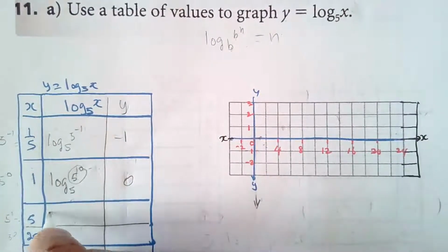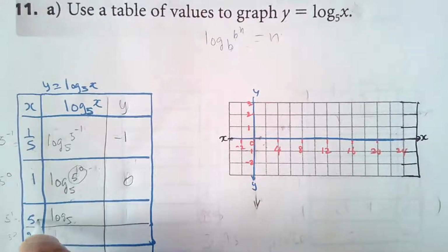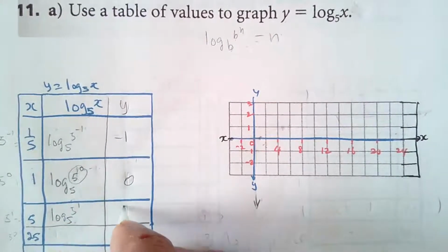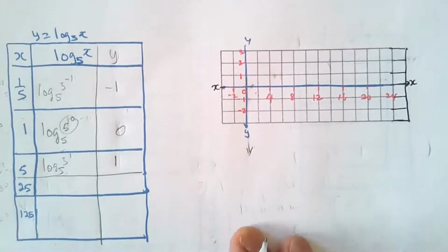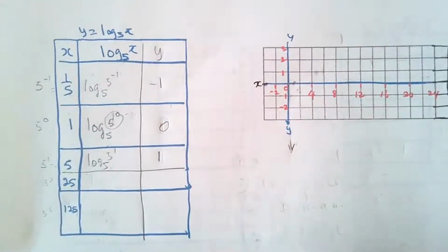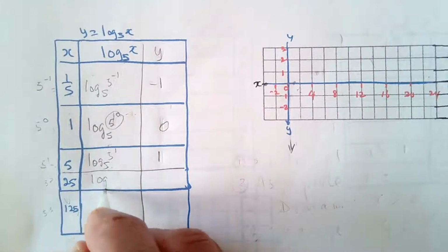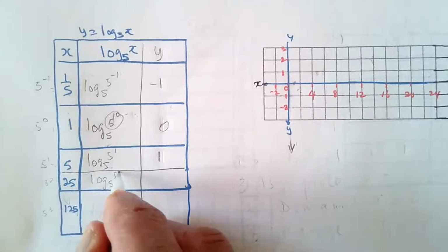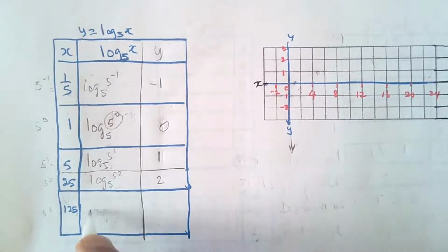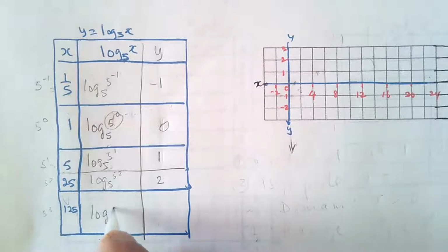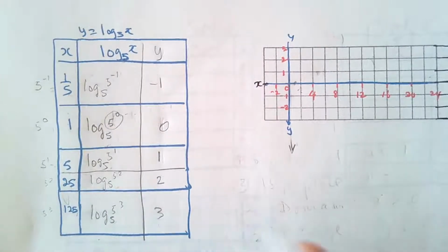Then we have log base 5 of 5 to the power of 1, which is 1. Log base 5 of 5 squared is 2, and log base 5 of 5 to the power of 3 is 3.